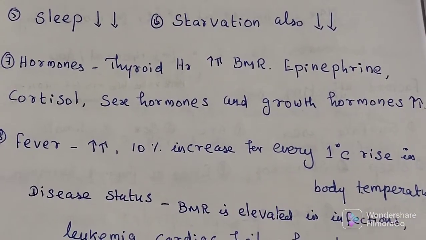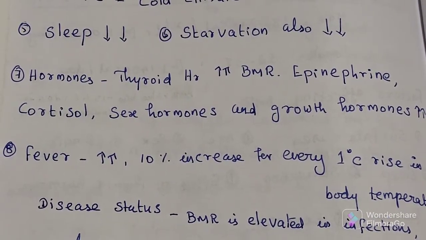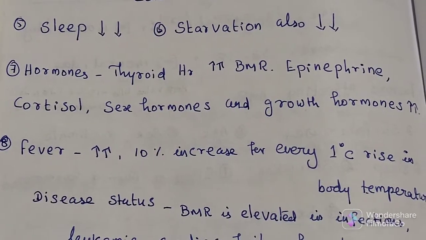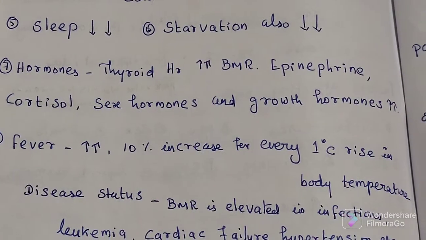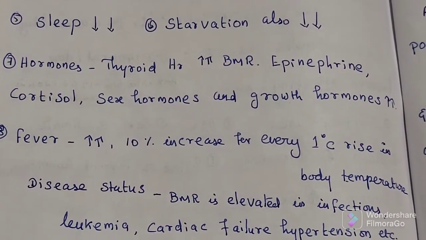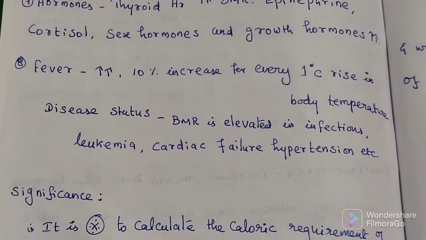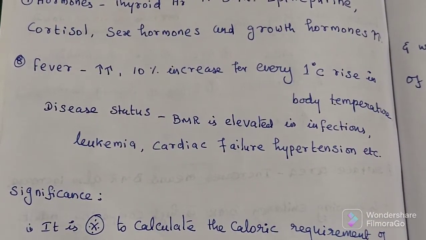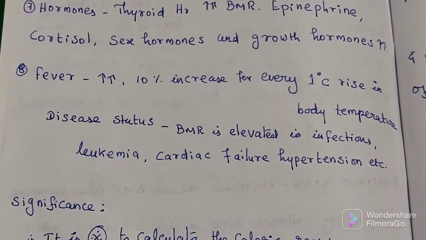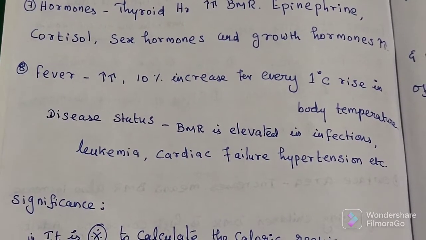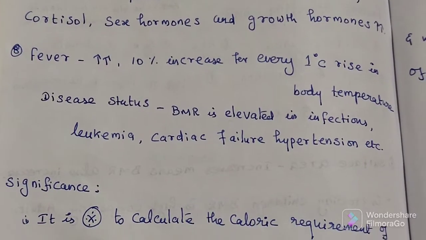Next factor, fever. Rising temperature also increases BMR; 1 degree Celsius increases it by 10 to 12%. Exercise also increases it. Disease status also increases BMR. Infections, leukemia, cardiac failure, hypotension are conditions that also increase BMR.